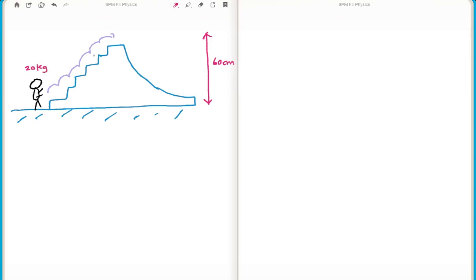Go up the stairs. Then it asks, what is the work done by this person to go against the gravity? So what is the work done against gravity?